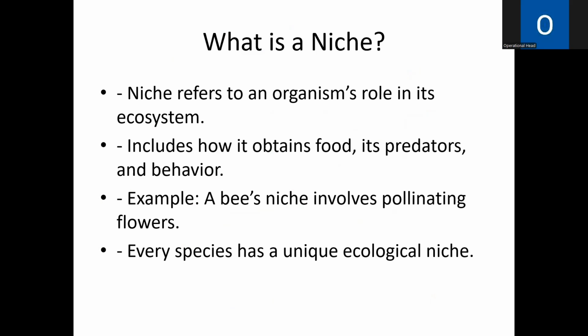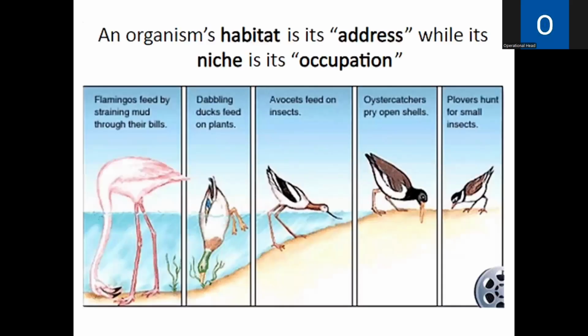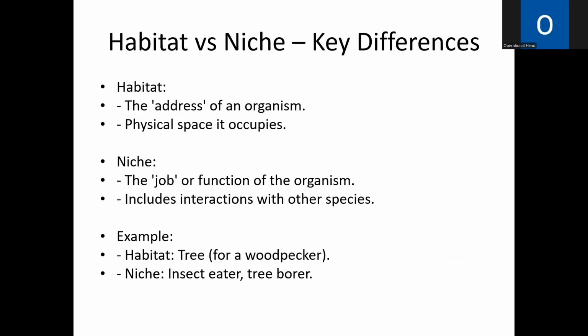Every species has a unique ecological niche. Every organism plays an important role, and that is called a niche. Look at the figure: an organism's habitat is its address, while its niche is its occupation. You can see in the picture how a variety of birds play different roles in their habitat.